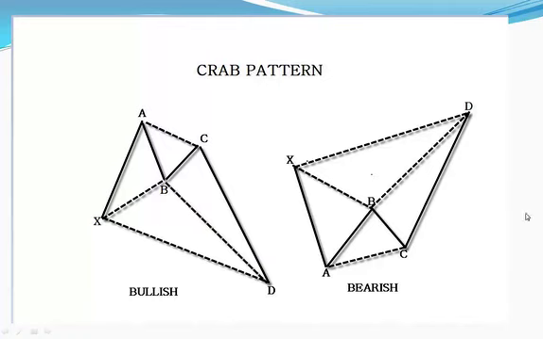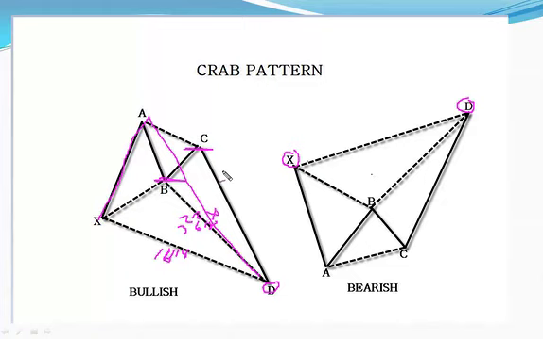All right. So the crab pattern, similar to that butterfly we looked at earlier, has a much longer type of pattern, where this swing here would be 1618. 1618 down from here to here, and then from your B to C, and it's rare you see this, it's a 224 to 3618 extension.